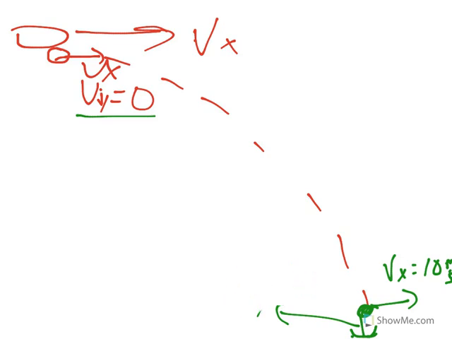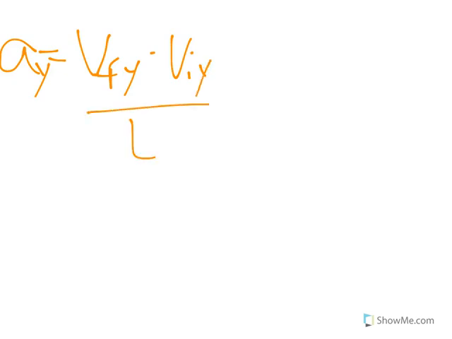So we have to find a formula for the final velocity in the y. So what formula could we use to find the final velocity in the y? Well, if you'll look at your formulas, there's only one option available, and that is ay is equal to vfy minus viy divided by the time.